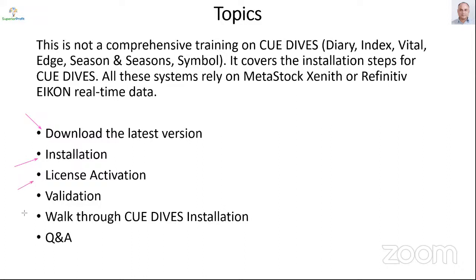License activation: put the hardware ID, generate it using the downloaded program, save it on the personalized download page only once, and to validate, close Refinitiv Excel, open, and then run the programs, play to see if they're coming properly.